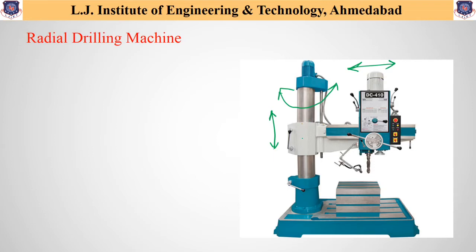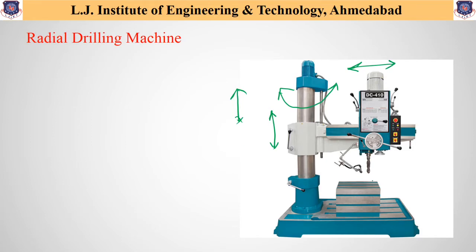As we have discussed, in the sensitive drilling machine only one movement is possible, and that is the up and down movement, or the feed movement, of the drill bit. So if we want to drill a number of holes at different locations, then one must operate the workpiece and set it to the desired location after each and every operation, which is a comparatively time consuming process.